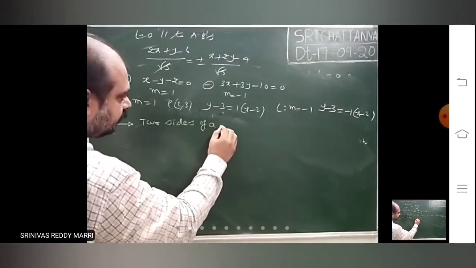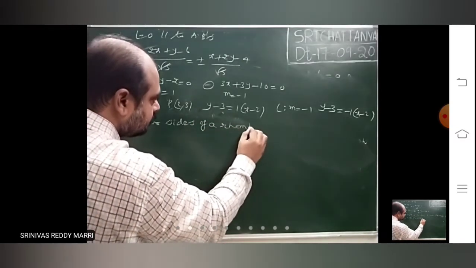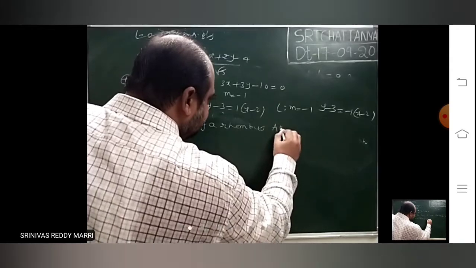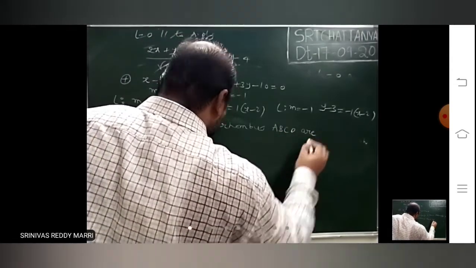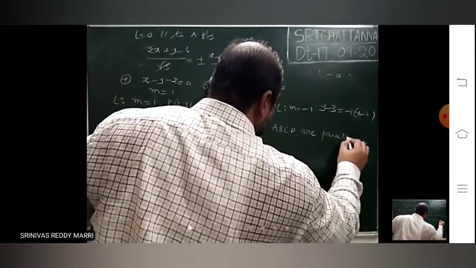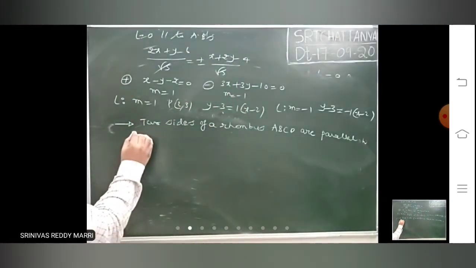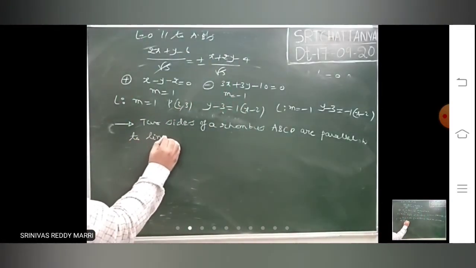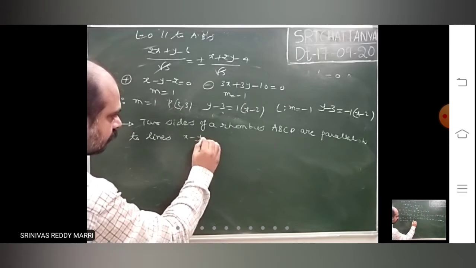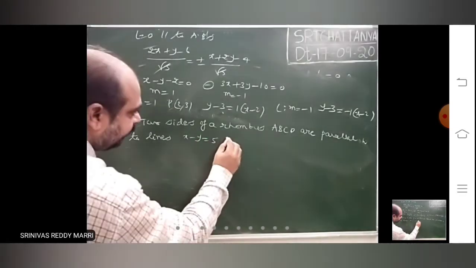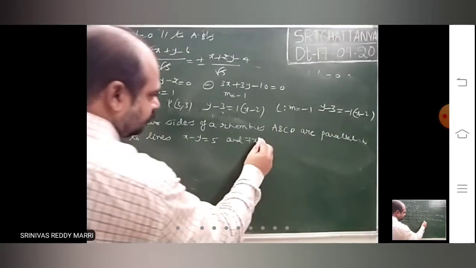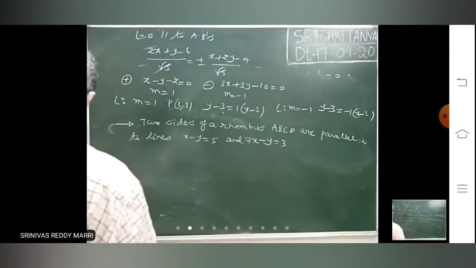Two sides of a rhombus ABCD are parallel to the lines x minus y equal to 5 and 7x minus y equal to 3.